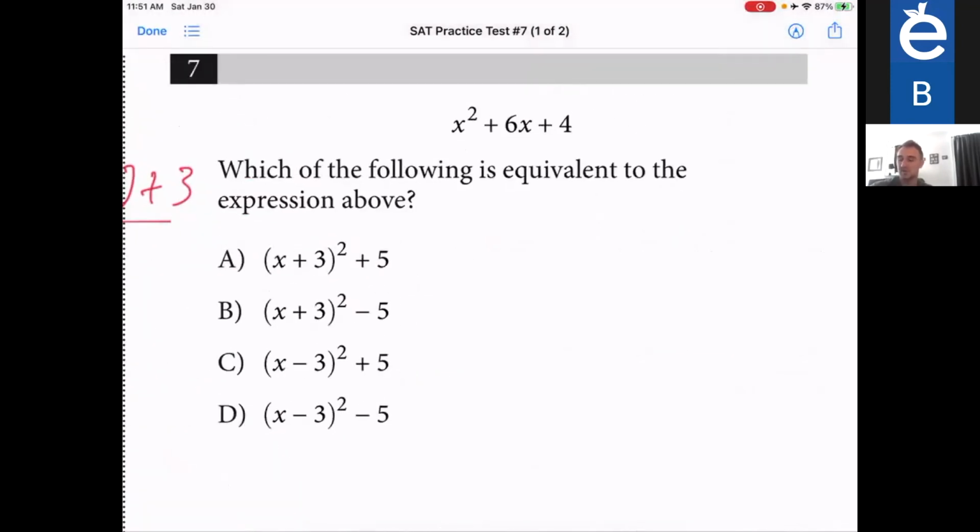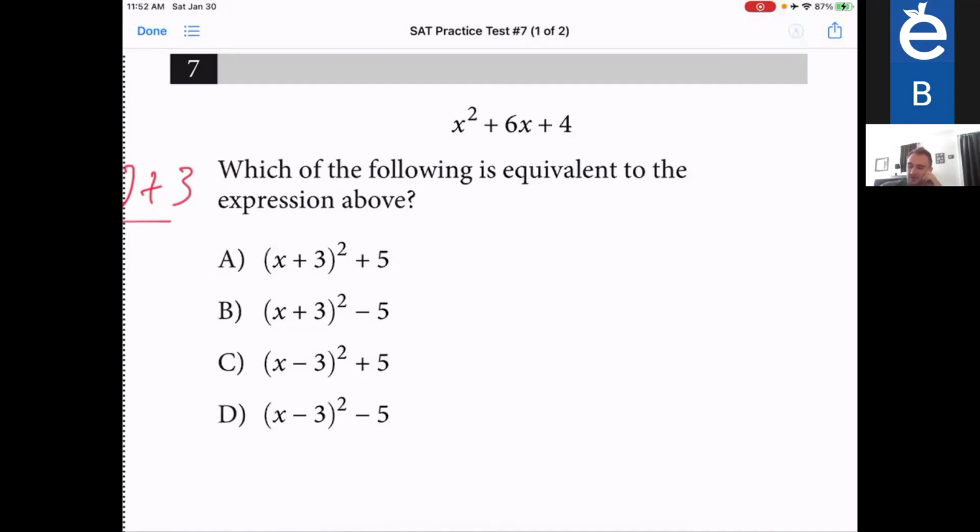So we have number 7 here, x squared plus 6x plus 4. And the question says, which of the following is equivalent to the expression above? So let's look at these terms, right? They all have some x and then either plus or minus a 3 term in parentheses, and we're squaring them. What we're doing here is completing the square.